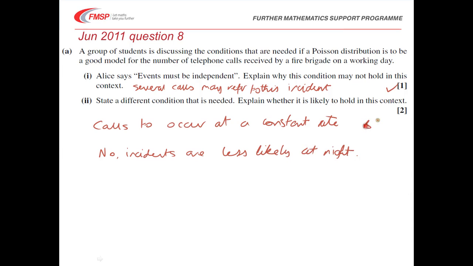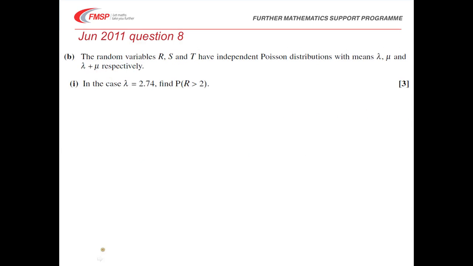So you get 1 mark for stating another condition, and you get another mark for saying whether you think it's true or not. It's got to be within a day because we're talking about a day. So if you start talking about things like, in summer you're going to get more incidents than in winter, that's not going to work because we're talking about a specific 24-hour period. So it's just making sure in context that things are correct.